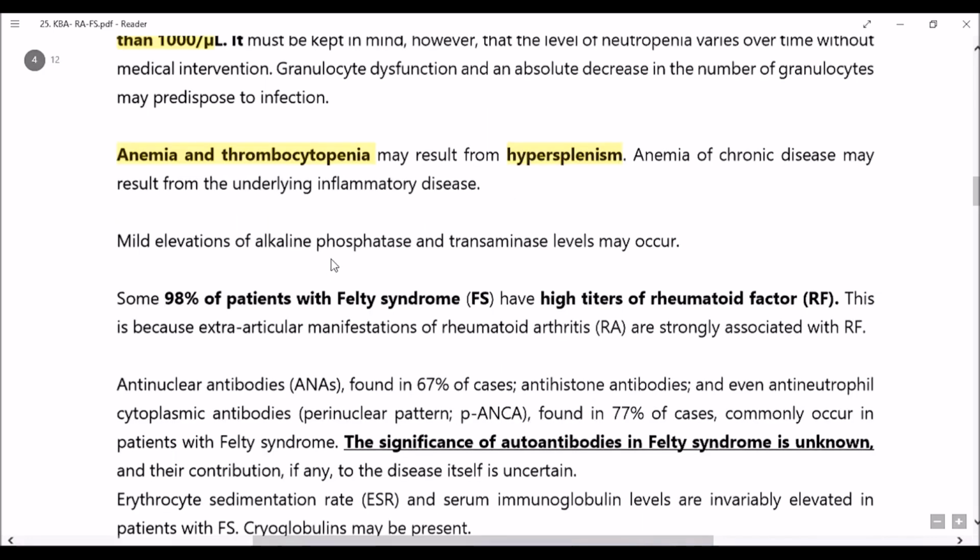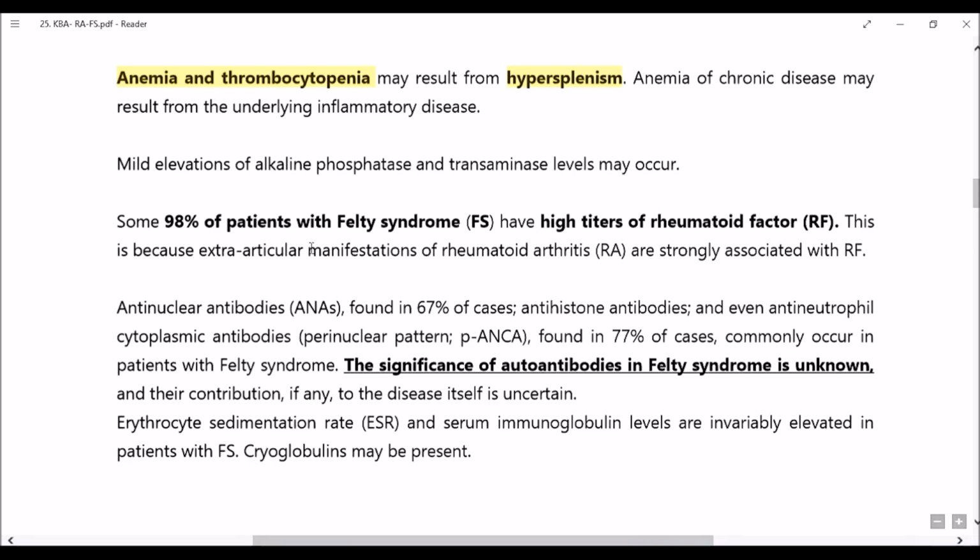Mild elevation of alkaline phosphatase and transaminase may occur, and in 98% of Felty syndrome there are high titers of rheumatoid factor, an extra-articular manifestation of rheumatoid arthritis.